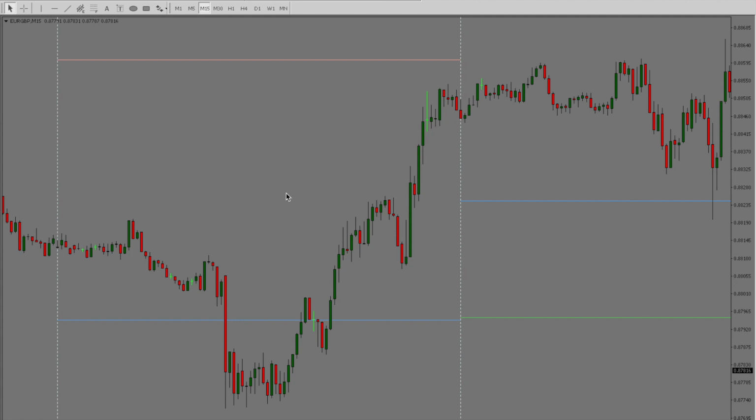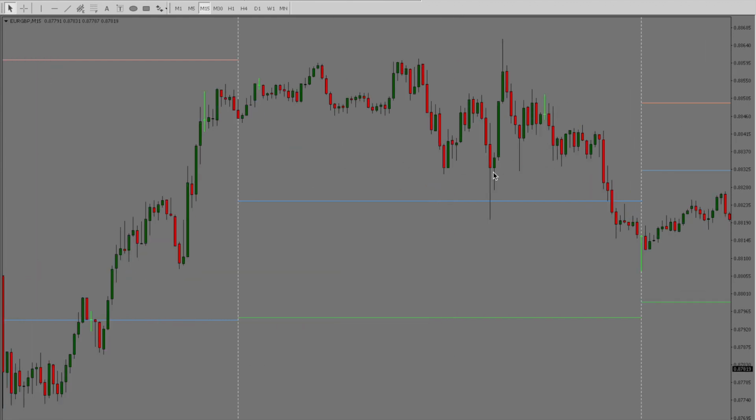What people tend to do usually is, they look at the pair and see that for the last month, pivot points worked well for EUR/GBP, let's say, and they start trading the strategy. And then it stops working so well because people made a mistake.